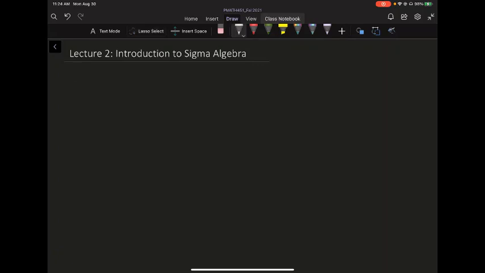So here's the definition. First of all, let X be some set. Here it can be really any set. It can be the real line if you're talking about Lebesgue measure, and it can be anything else like the Cantor set, or your favorite set, or the rationals, anything you like. And let's call it an algebra.